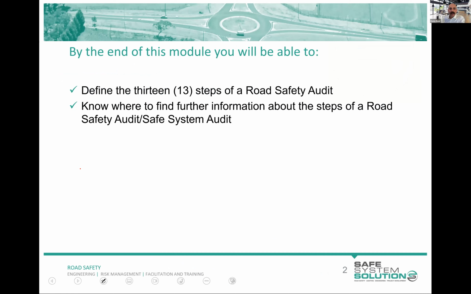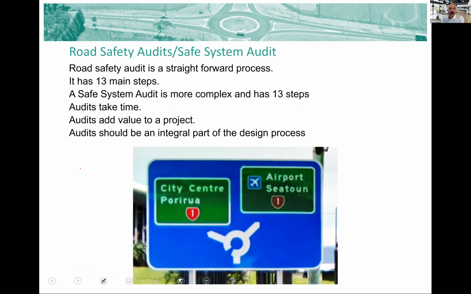Now, a road safety audit / safe system audit, we have this 13-step process. And I'm going to take you through those 13 steps and also point you, of course, at where you can find this all documented so you can read it yourself if you want. So a road safety audit, a safe system audit, as you'll notice, I'm using those interchangeably at the moment.